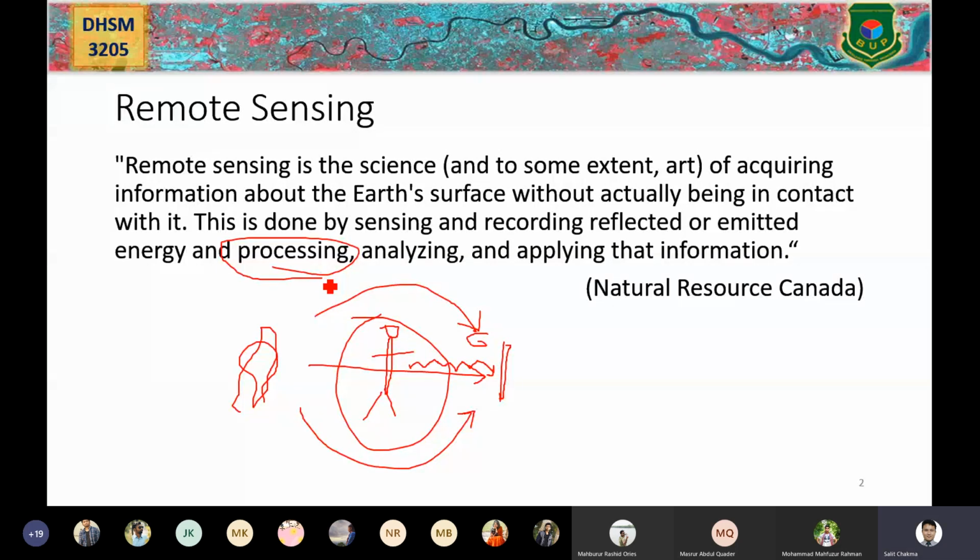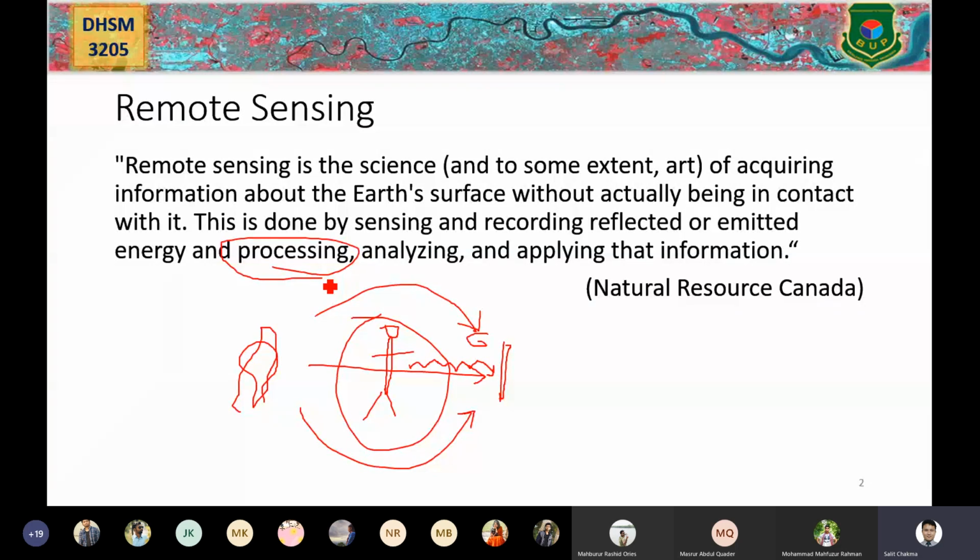And when we do that, we sense the reflected or emitted energy, and then we record that reflected or emitted energy. And then we take these recordings, we process them. That means we try to remove the errors from it, and then we analyze that information.